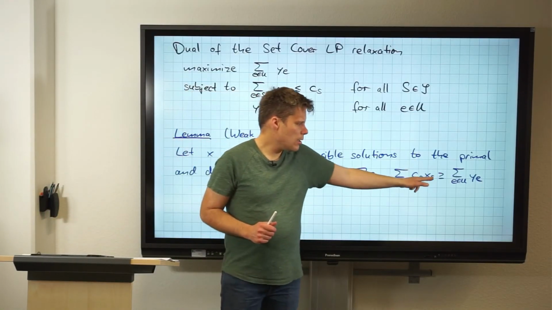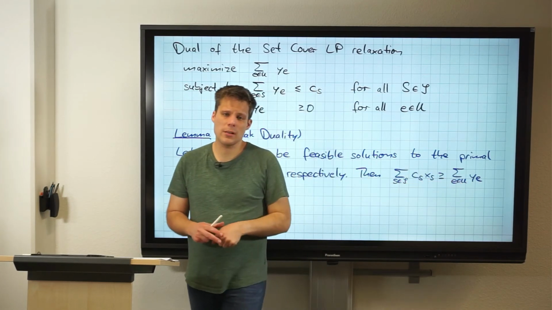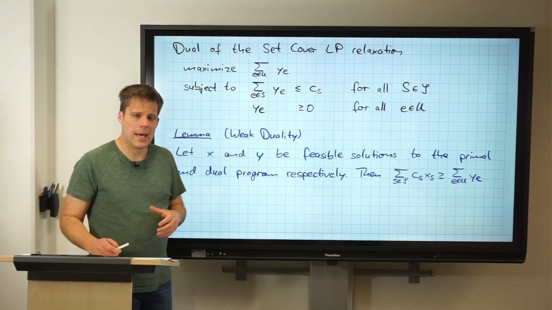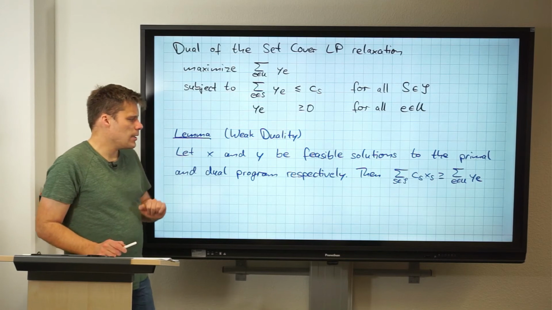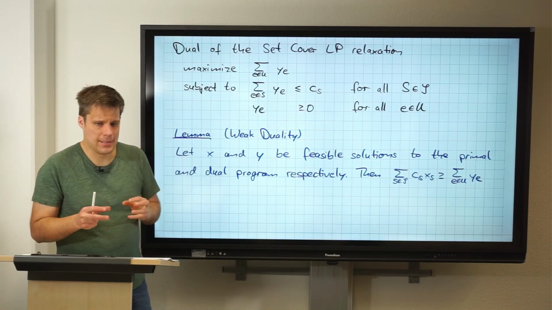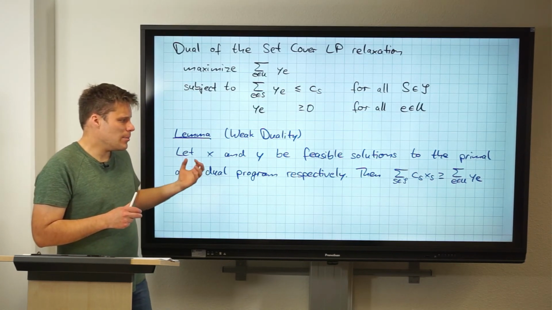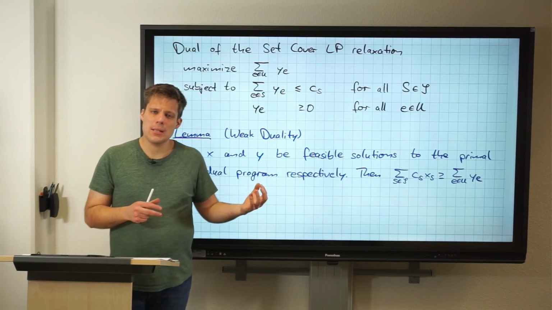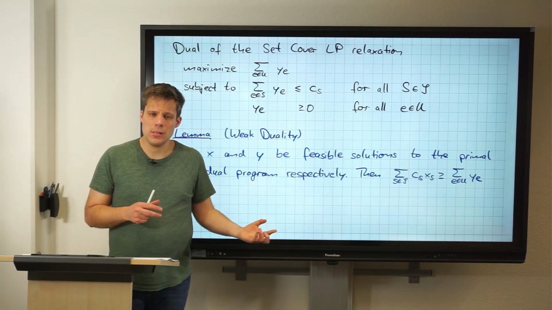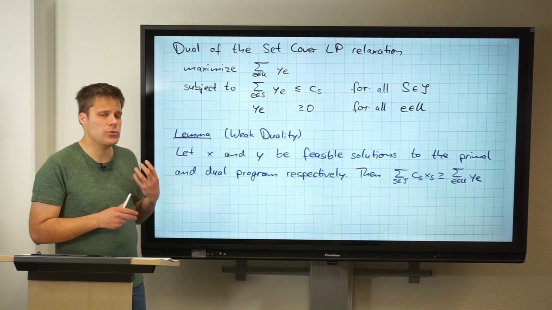This is the objective function value of our primal solution. This is the objective function value of our dual solution. And what we'll see is that the best or any feasible solution for the primal LP is no better than any solution to the dual LP.